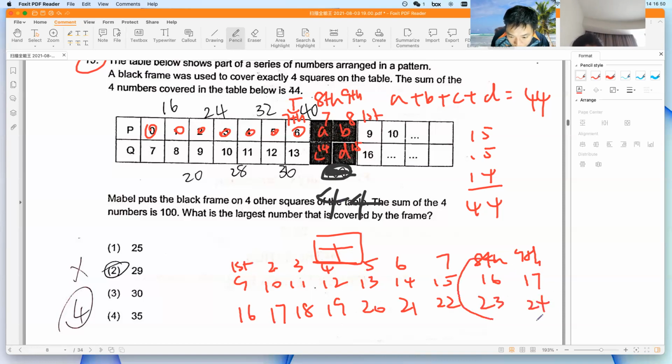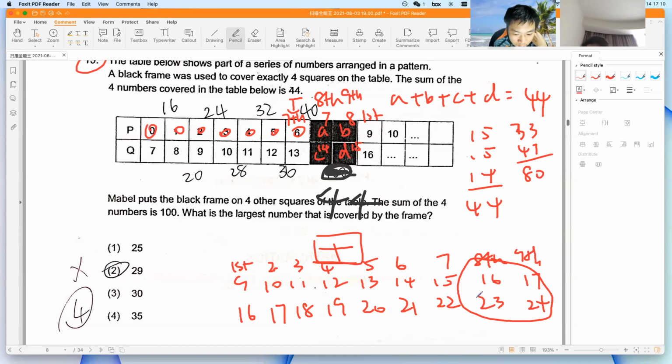Then let's figure out this is what. This is not 100, but this is what. Let me just figure it out. This is 33 plus 47. So this is what? 80. Right? This is 80, right?